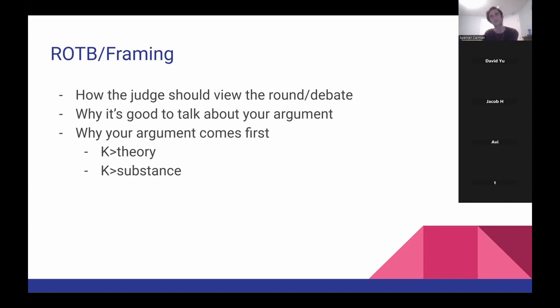Although theoretically, you could swap out the alternative for framing and just say you should lose if you supported genocide, if you were reading a settler colonialism critique, and then say we don't need to win that we resolve these impacts because you should lose for propagating them in the first place.